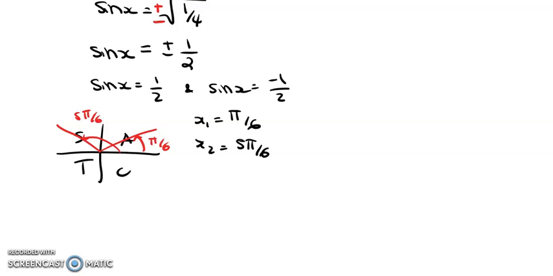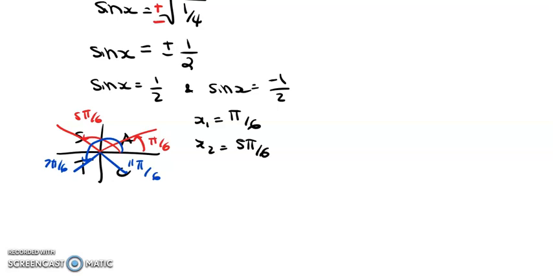All right, moving on, now we're going to want to look at where is sine equal to negative 1/2. Well, sine is going to be equal to a negative value in quadrants 3 and 4. So here and here. And this angle is going to be 7 pi over 6. And this one is going to be 11 pi over 6.